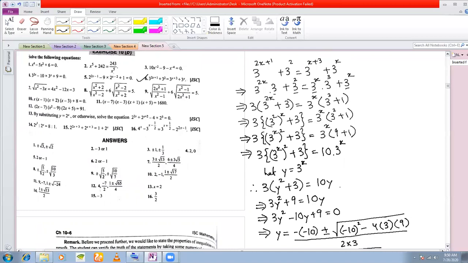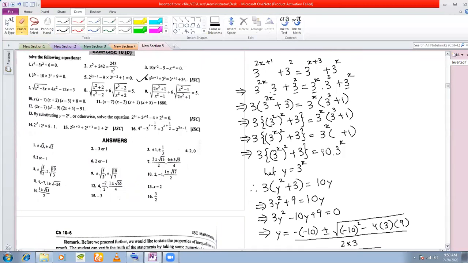Oh, this was 3 cube, isn't it? Yes. Fine. Let us change whatever is required.